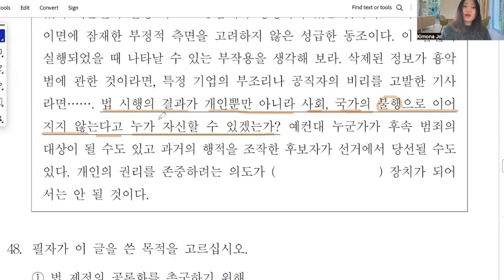So that being said, in other words, the law enforcement result can lead to the 불행, unhappiness, unluck, not only to the individual but also to the society and the country.